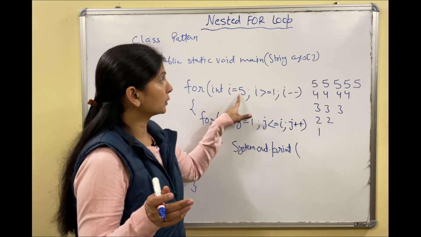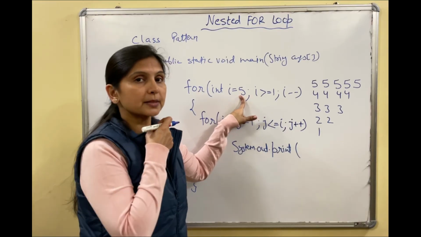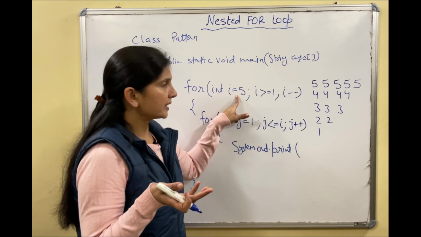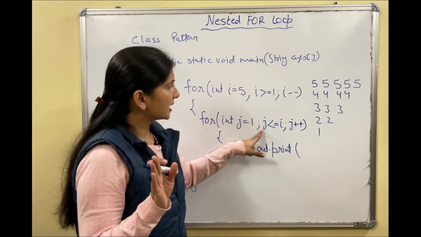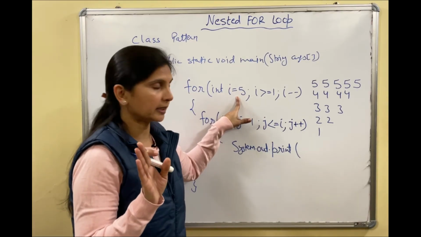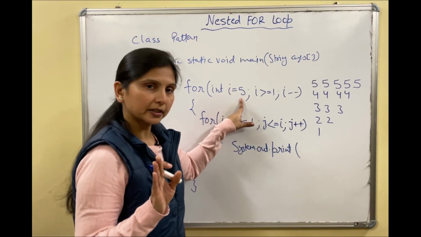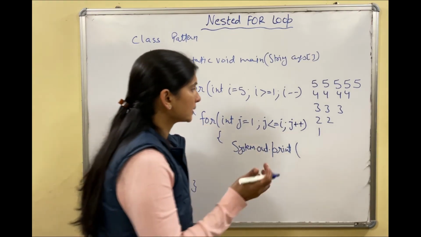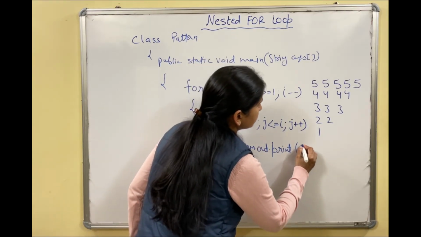What we want? We want 5 only. So if I display I, then 5 will be displayed because I will be 5 and j will run 5 times. Fine. So I will be constant 5 only. I equals to 5, j will run 5 times. So 5 times what will be displayed? I only.